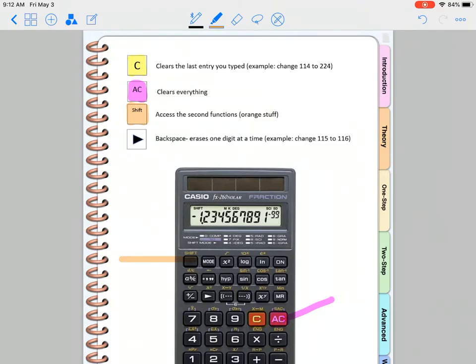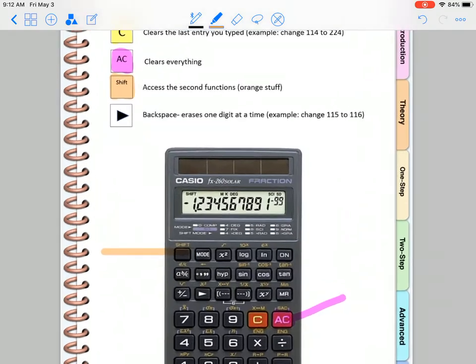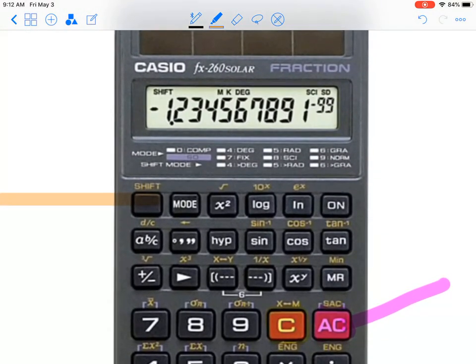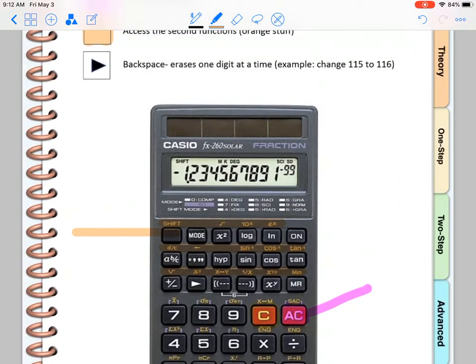So let me see. I'm not sure this is going to show up, but let me zoom in so you can see a little better. Everything in the orange up here on top of those keys, those are second functions. So any of those things require the shift key to be able to use those keys.